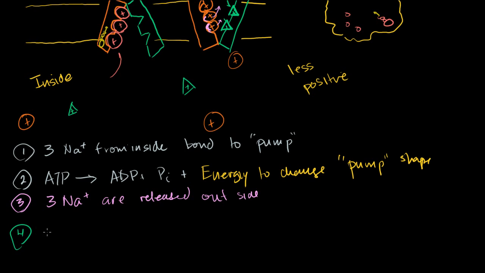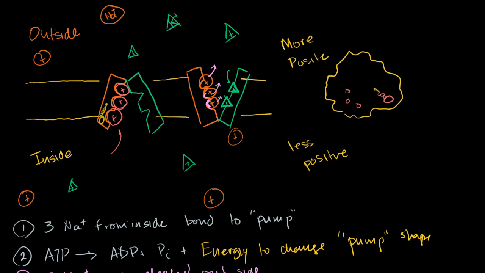Step 4, we have 2 potassium ions bond to the activated pump. Activated or changed pump. Or maybe we could say it's in its open form. So they come here, and then when they bond there, it rechanges the shape. It rechanges the shape of this protein back to this shape, back to that open shape.